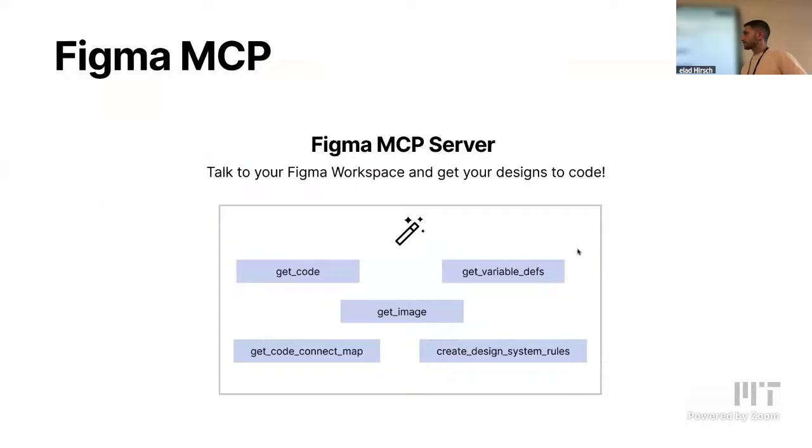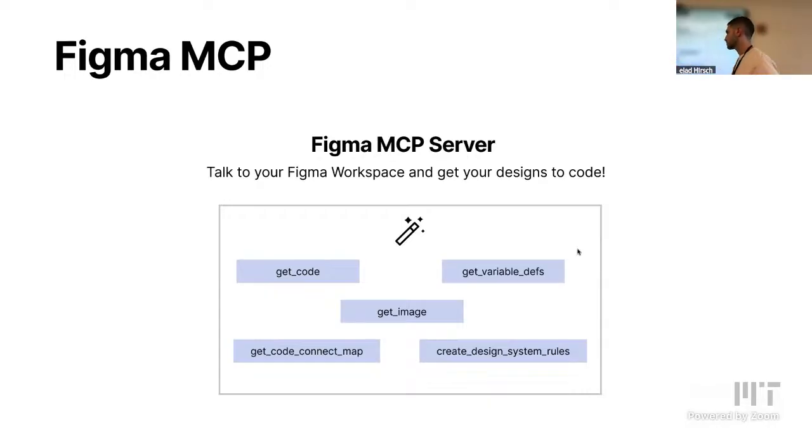And in the Figma MCP server, you have five tools you can use. The most common, I guess, is get code, which would get the code that is being used to render the design on Figma. Then you can use that code and convert that to HTML, CSS, or others. You can get information about the variables like the color, the metadata, positioning, and so on.